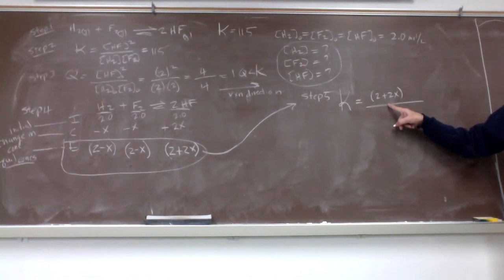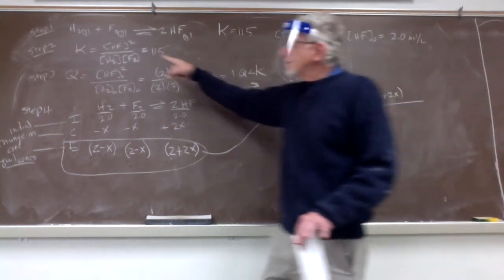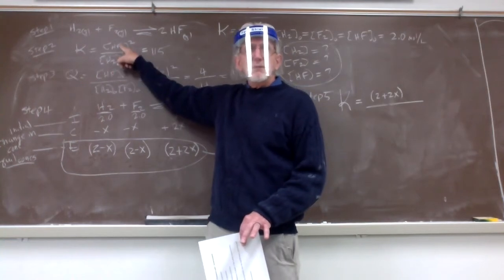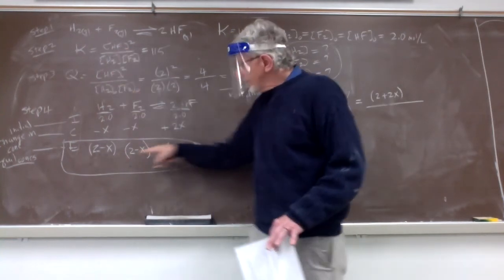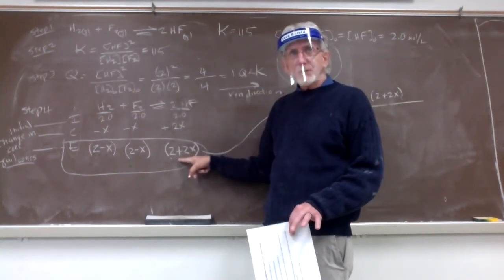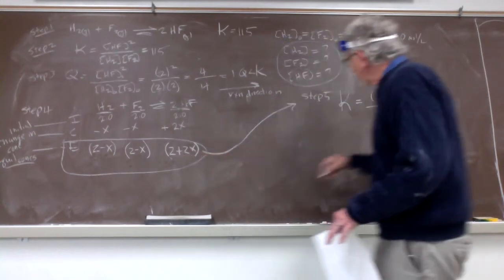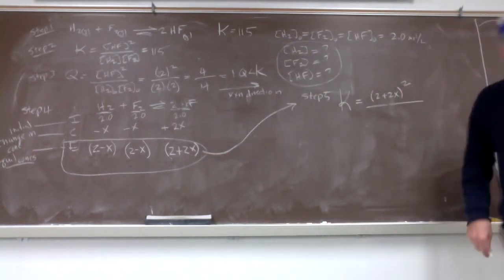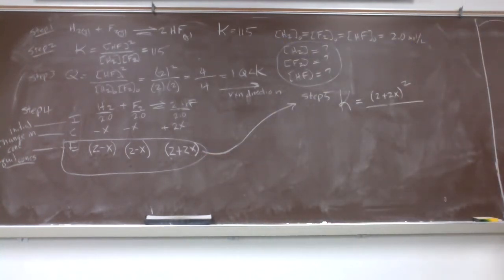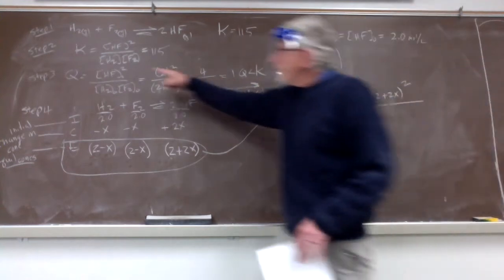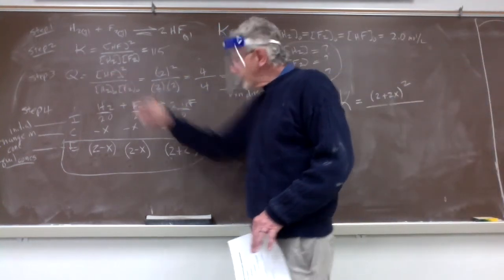Do we do anything else to it? What do we have to do to the concentration of HF? We have to square it. This is the concentration of HF at equilibrium expressed in terms of this X variable, so we have to square that. And then we divide through by the concentration of hydrogen.